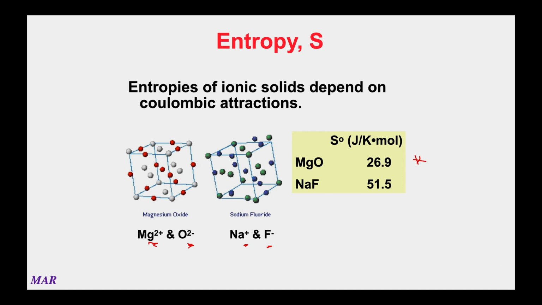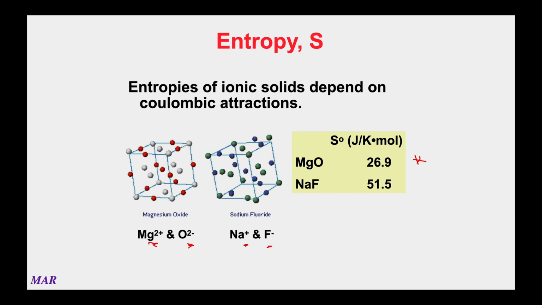The rationale is that sodium fluoride, a positive 1, negative 1, is like a single handshake. I say, hey, what's going on? I haven't seen you. And someone says, oh, no, break it up. Well, it's pretty easy to break up a single handshake. However, if you have a double handshake, I haven't seen you forever, and someone wants to break that up, it's harder, okay? Entropy doesn't do as well when the forces between the ions get stronger.